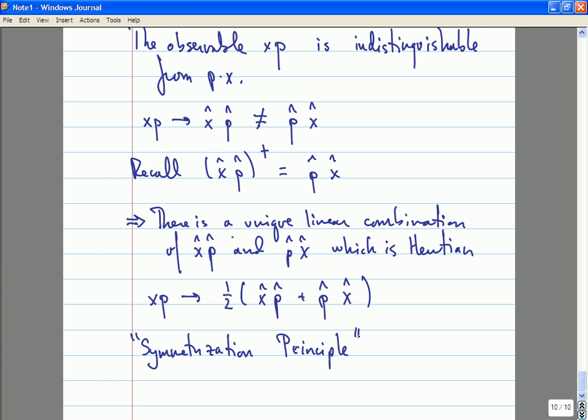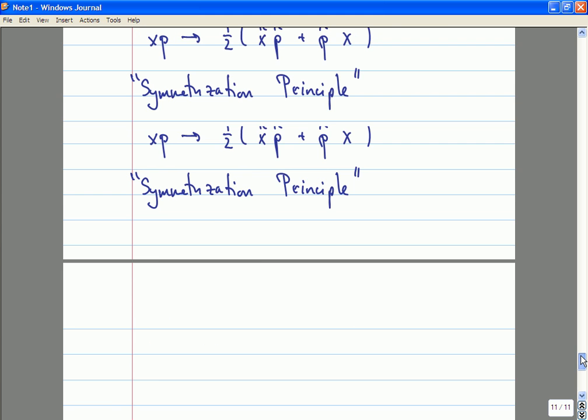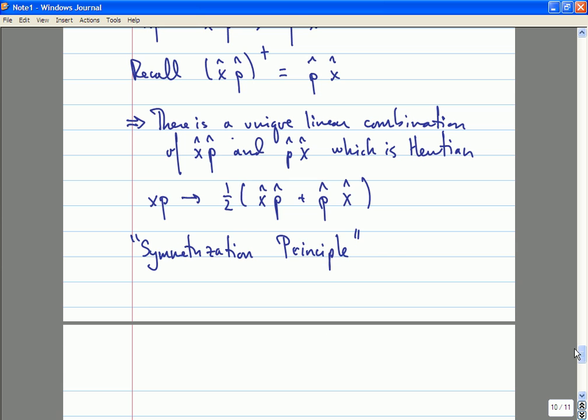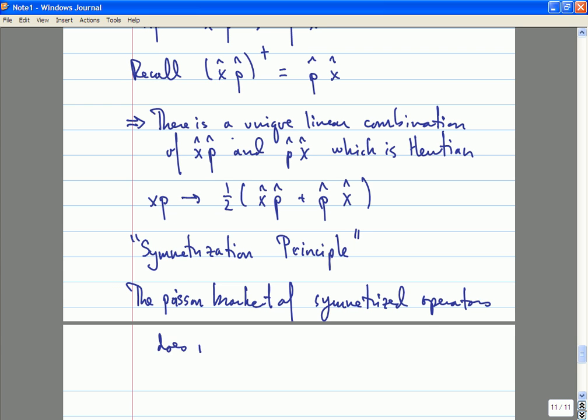And in fact, it is simply a true statement that, for example, the Poisson bracket of symmetrized operators does not agree, or sorry, how should I say this? Let me say this a little differently.